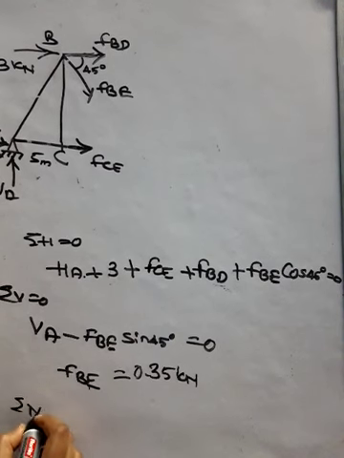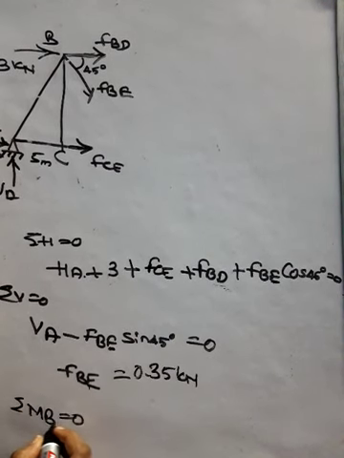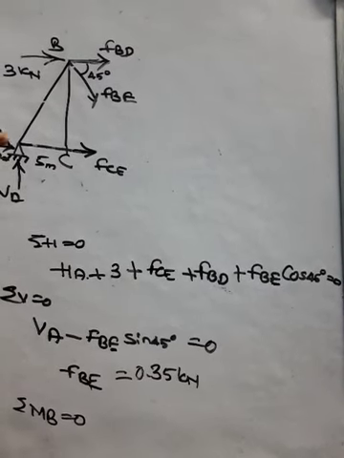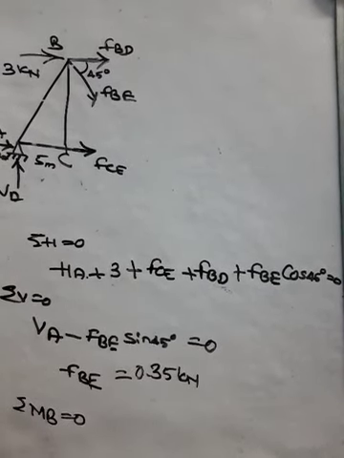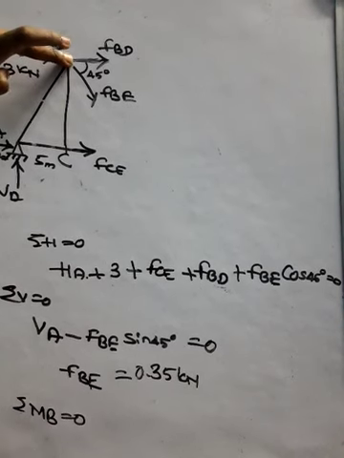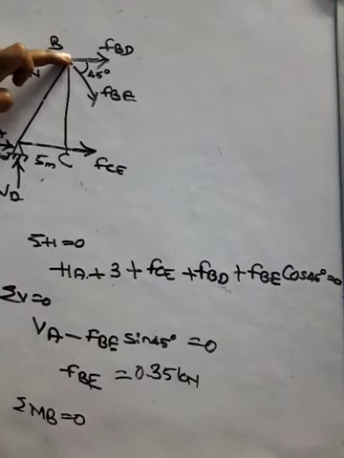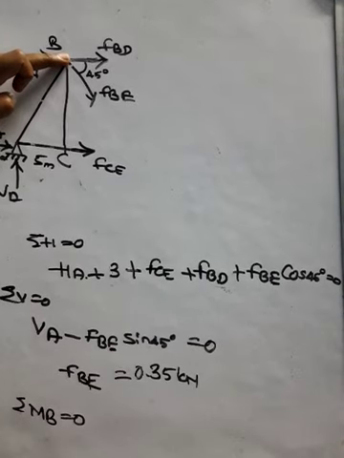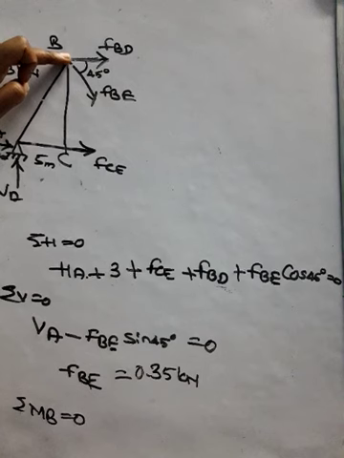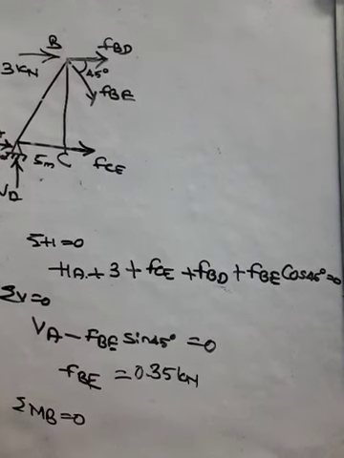Then you consider summation of MB is equal to 0. Why? Because I have to reduce the unknowns. Otherwise, if you consider other things, it will be very difficult to calculate. So I'll take the moment about B equal to 0.